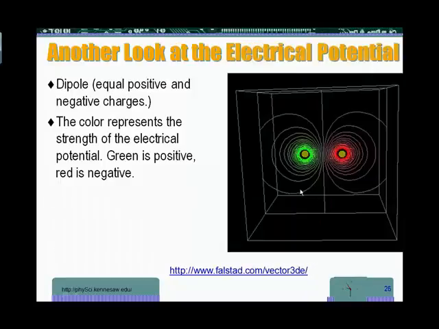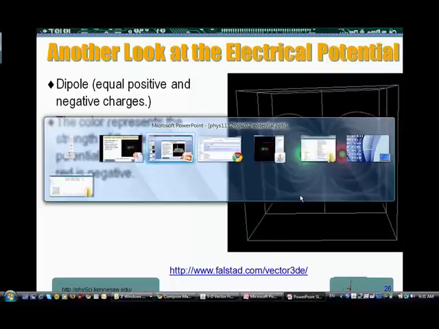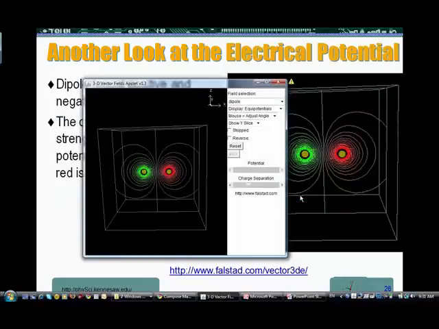But in real life, this is what we have. This is the electrical field. Let's look at it. So this is the electrical field, and what we are looking at is a slice. This is very much like they do MRIs, for example.